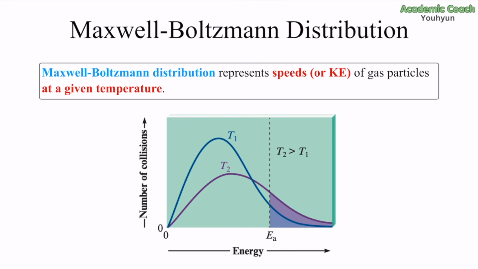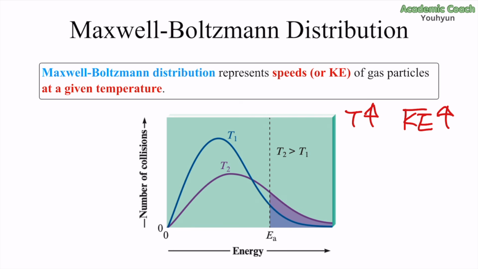Now let's take a look at how temperature affects this Maxwell-Boltzmann distribution curve and how that actually affects the reaction rate. So when the temperature increases, we know that the average kinetic energy of particles in the sample also increases.